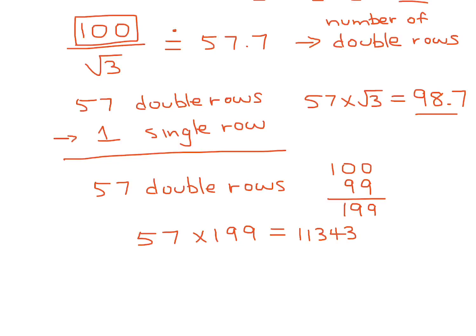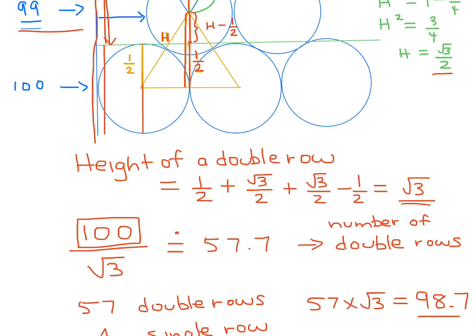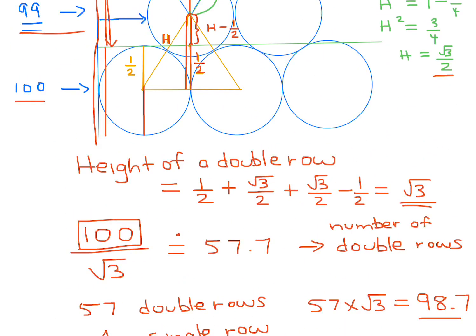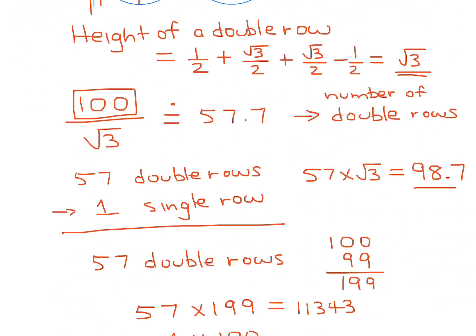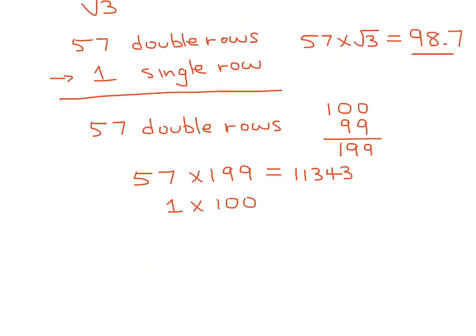And then we also have one more single row, and one single row would be 1 times 100, because remember, the single row just had 100. Nothing changed in terms of its horizontal outlook. So that's 100. Adding these all up, you get 11,443.